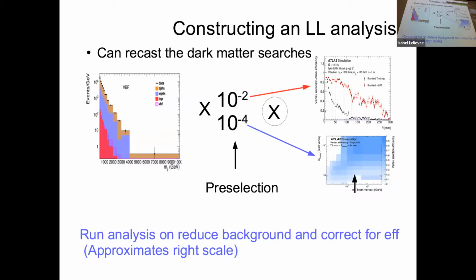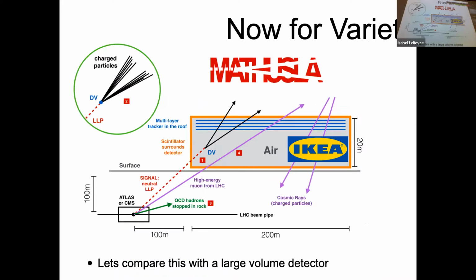So for a projection, you can take the monojet analysis, multiply it by 1 over 10,000, take a signal and convolve it with the vertex efficiency plots from ATLAS, and then you can do a bound.